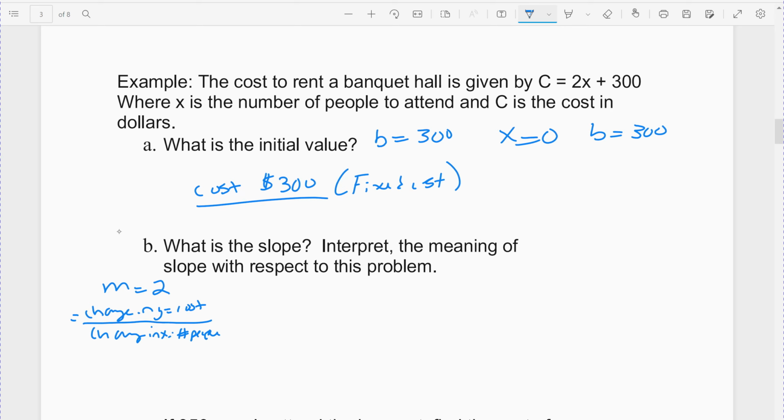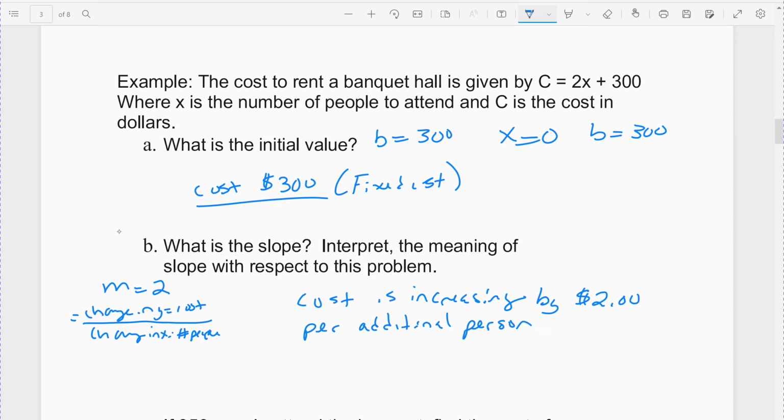So the slope is 2, which means cost, it's positive to start off with, is increasing, and it should make sense, cost is almost always increasing, by, well, cost is in dollars, by $2 per additional person. Every time they add a person to the attendance, it costs them $2.